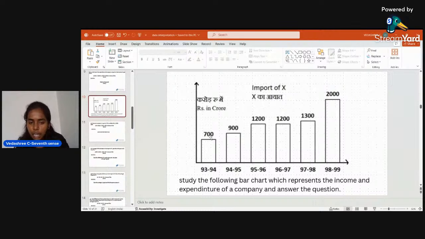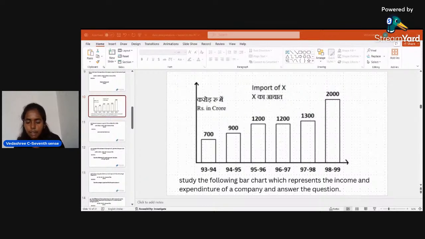That is 700 plus 900 plus 1200 plus 1200, then again plus 1300 plus 2000, divided by the total number of values. How many values are there here? 6, right? So first we need to calculate the average of all these values.